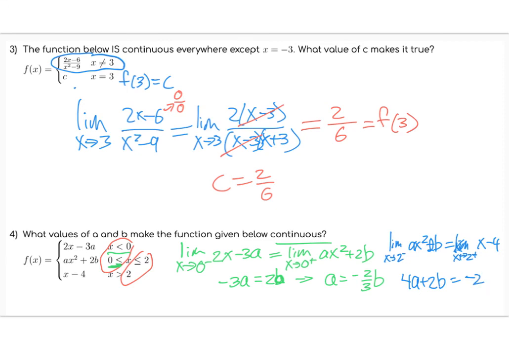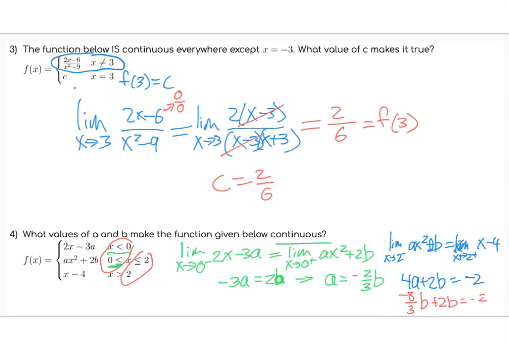Hey, we've got a system of equations here. We've already solved for part of this, so we might as well plug this in. 4 times negative 2/3 is going to be negative 8/3 b, plus 2b is equal to negative 2.